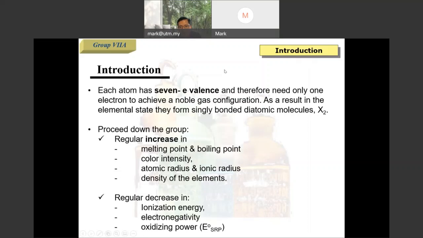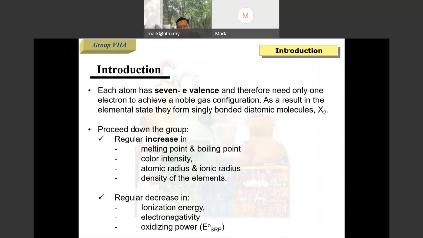As we proceed down the group, there is a regular increase in melting and boiling points. The diatomic molecules are non-polar. As you go from the top to the bottom of the group, the size of the halogen increases, and so the weak intermolecular van der Waals forces increase, due to the increase in molecular weight.